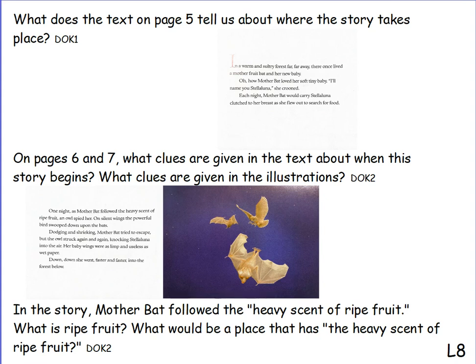Think about a piece of fruit that you would eat. We would only eat fruit that is ripe. What does a piece of fruit that is ripe smell like? What would be a place that you might find the heavy scent of ripe fruit? Write your answer down on your paper to share with your teacher.